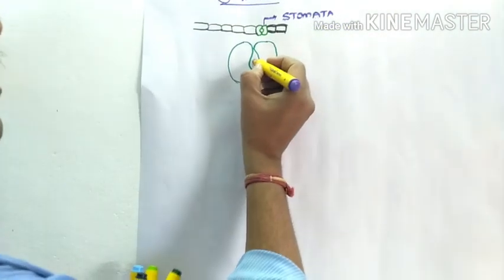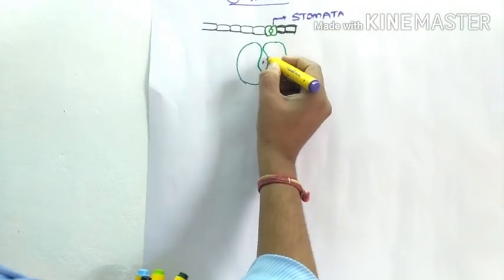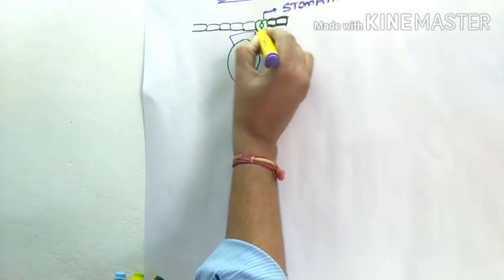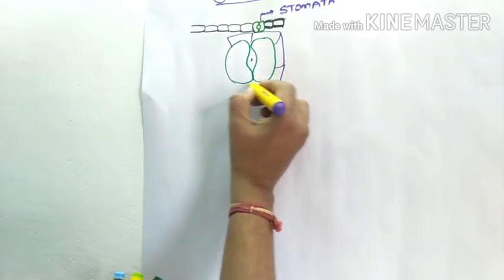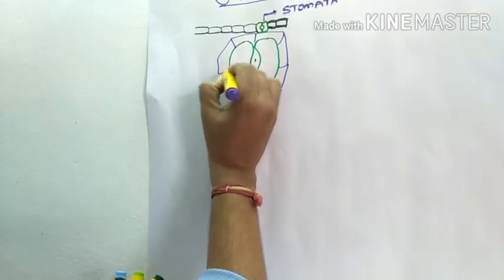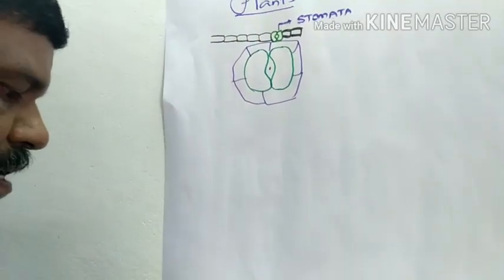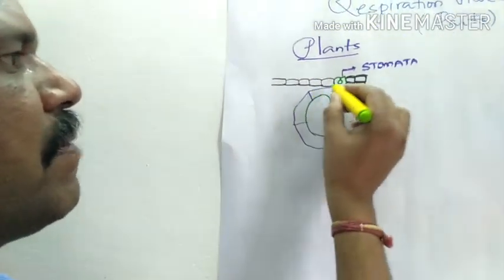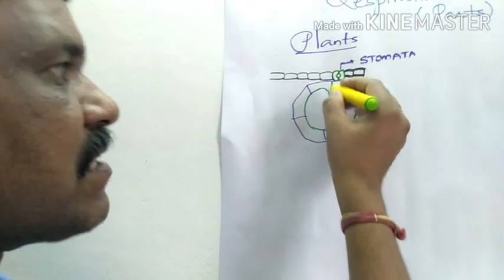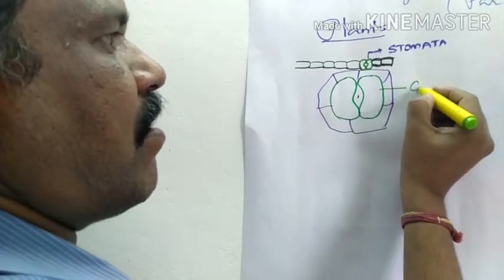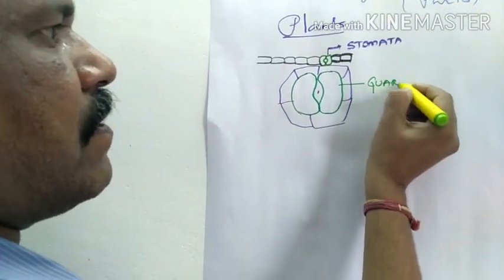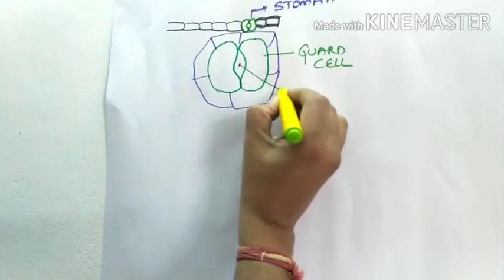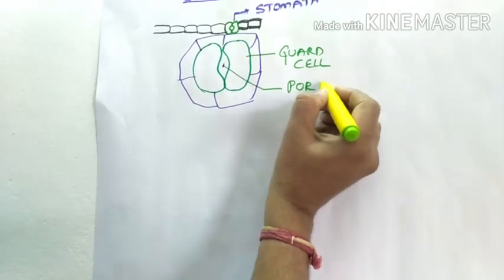We have a pore-like structure here, and a lot of cells are present on the sides. This whole part is called the stomata. The kidney-shaped structures are called guard cells, and we call this the stomatal pore.